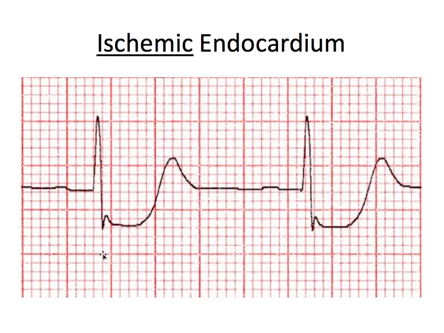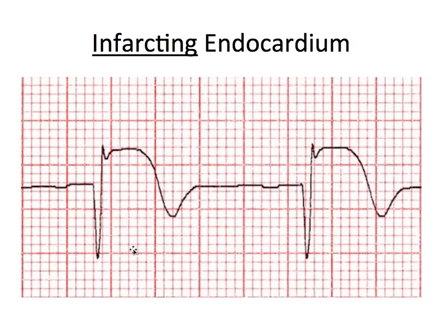That one is bad, and we need to figure out why he's having it, but he's not going to die from it immediately. This is going to kill a patient, so we need to recognize and treat it very quickly. The other thing you can see is that his T waves are inverted, which is another sign that you could have some sort of acute cardiac event happening or that has happened before. So you want to keep an eye out for your T waves as well.